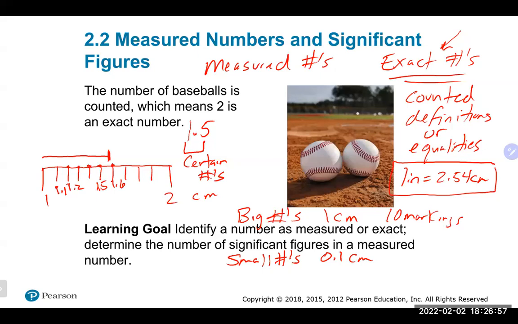Now, I may look at it and go, I think it's halfway there, like a 5, halfway between the 2 points. Somebody else may look at it and go, I think it's kind of past the halfway point, maybe like a 7. And maybe they would record 7. And clearly our units would go with it. And we would record 1.57. This 7 is what is sometimes referred to as the first uncertain number.